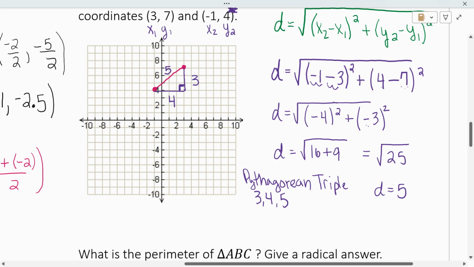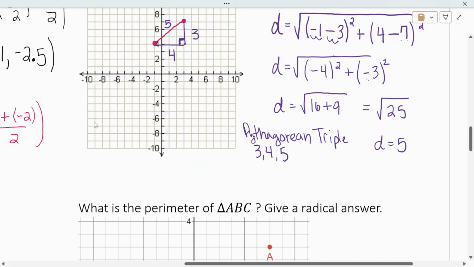Okay, I told you another famous Pythagorean triple other than the 3, 4, 5. What was it? 5, 12, 13. Good job. What's unique about these, remember, is not only 3, 4, 5, but any multiple, right? So you can multiply everything by 2, everything by 3.